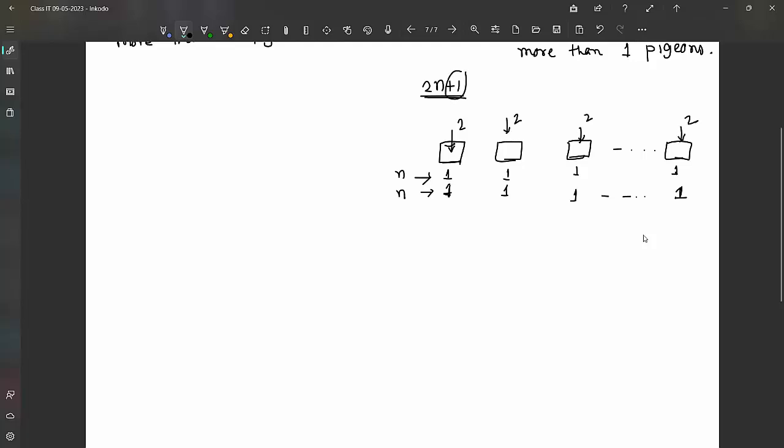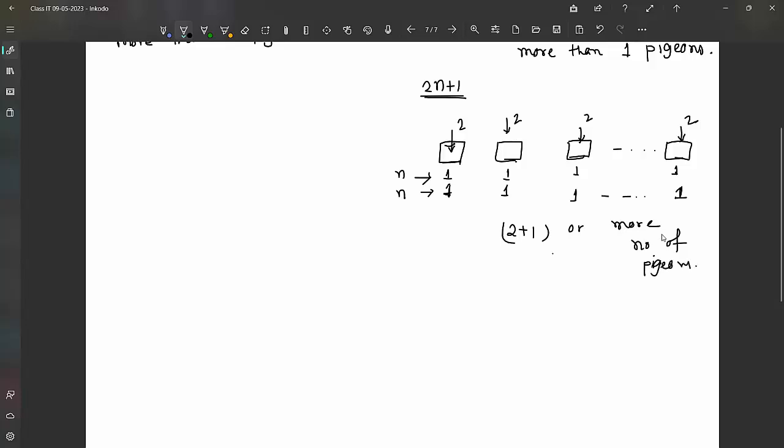But again we have another pigeon here. You have to place it again, right? So that means at least one box will take 3 or more, that means 2 plus 1 or more pigeons.